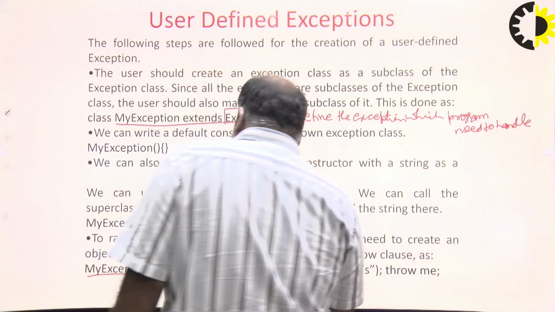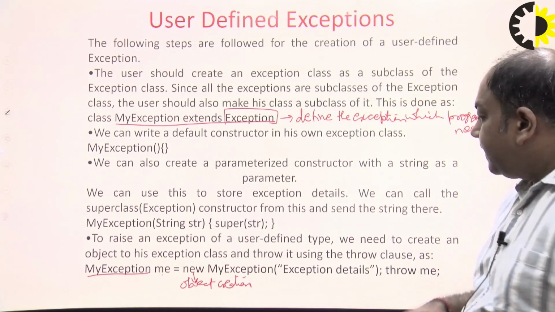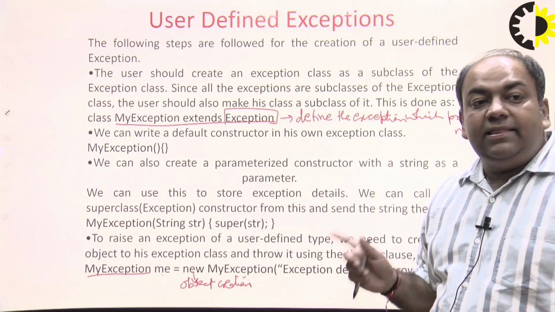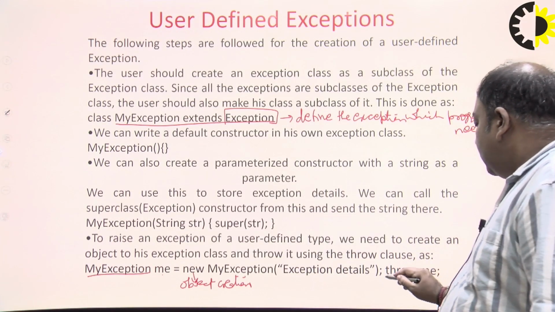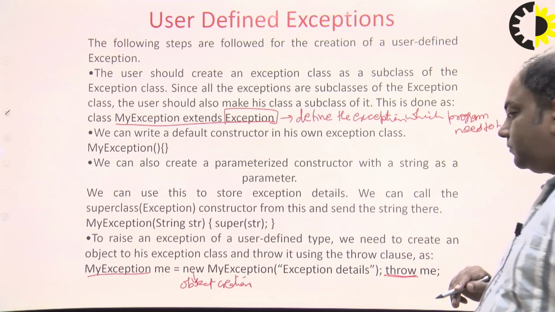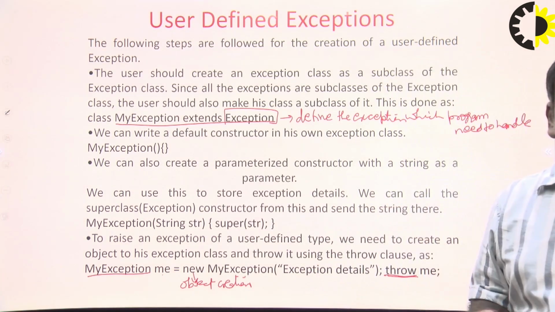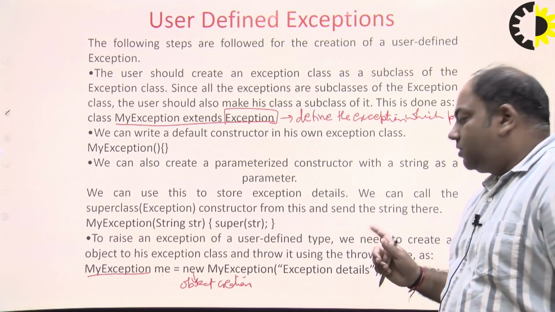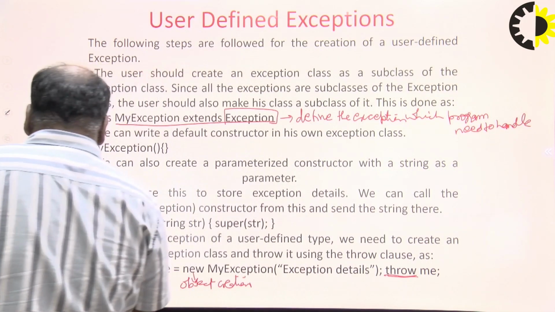So we have created an object of MyException with the name me, in which we define the exception details, and we throw these exception details using the throw clause. So in a user defined exception, we create the object of the exception and throw it using the throw clause, as shown in this example.